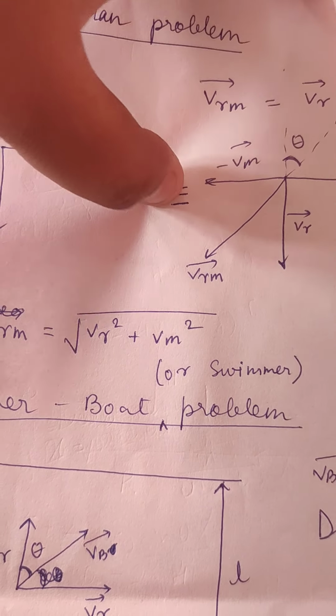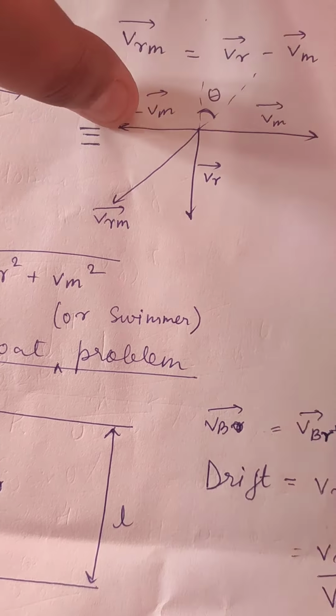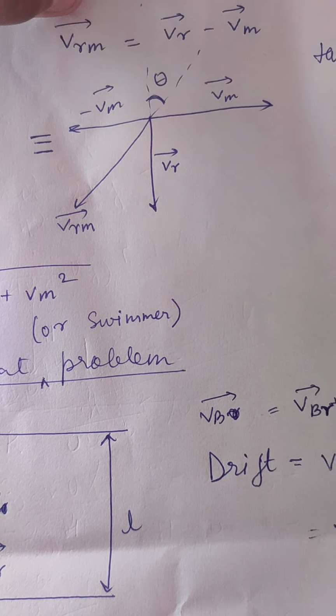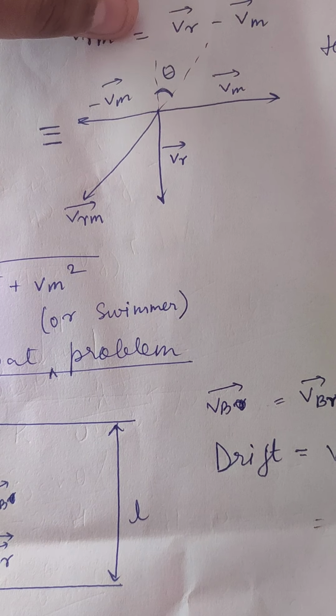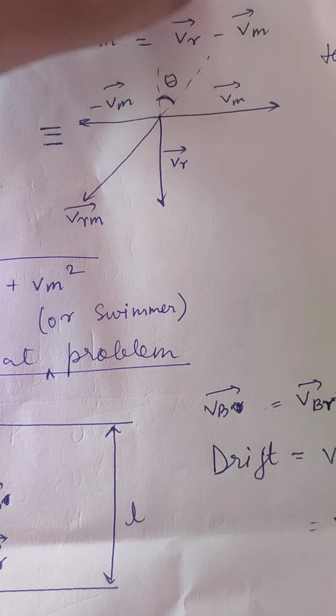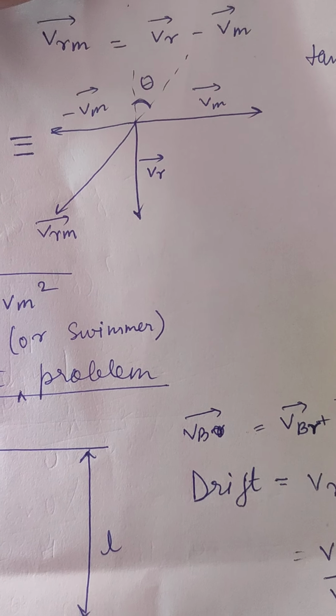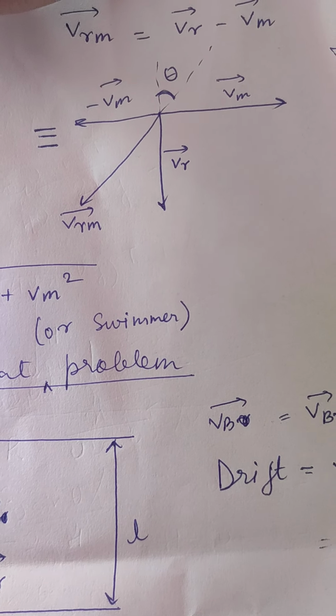Now we modify this diagram. In this direction it's Vm, in this direction this is Vr. We need to find the velocity of rain with respect to man. The velocity of rain with respect to man will be Vr minus Vm. Now how to do subtraction of vector?